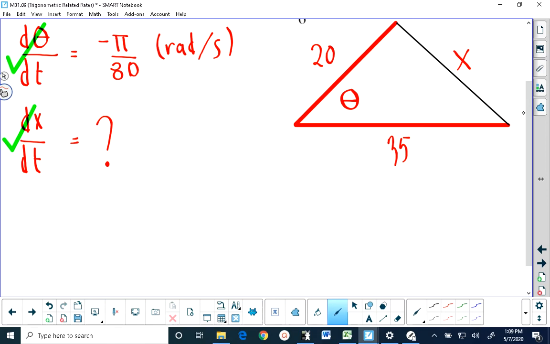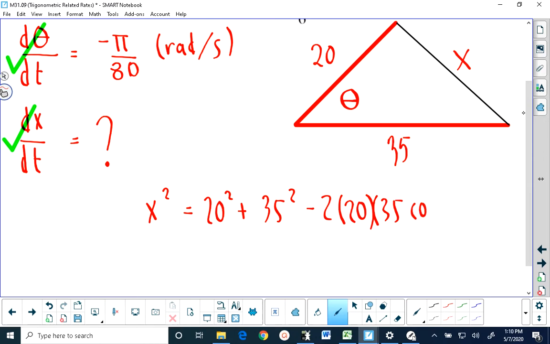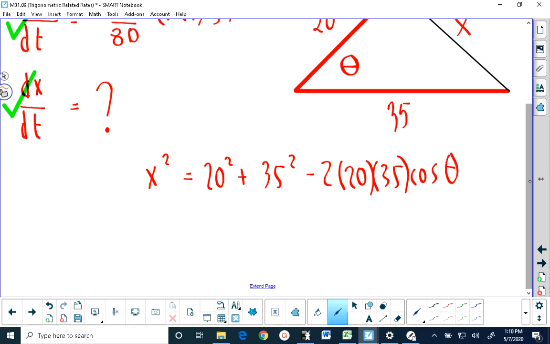But the cosine law is used to find the length of a side when you know two sides of a triangle and the angle between them. And the cosine law in this case says x squared equals 20 squared plus 35 squared minus 2 times 20 times 35 cosine of the angle between the sides, which is theta.